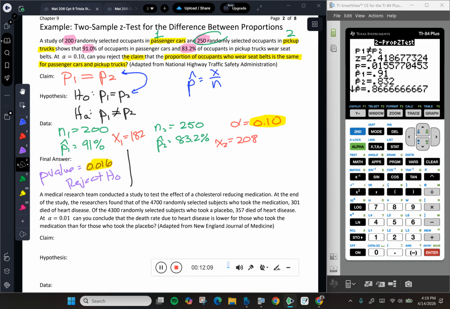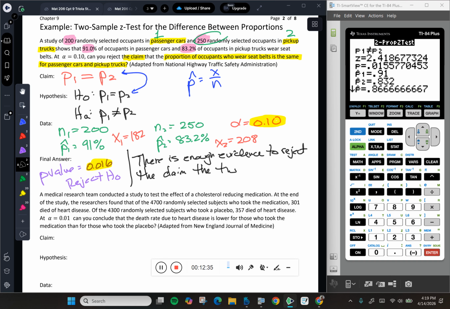The claim was the null hypothesis, so that means that there's sufficient evidence to reject the claim, or there is enough evidence to reject the claim.